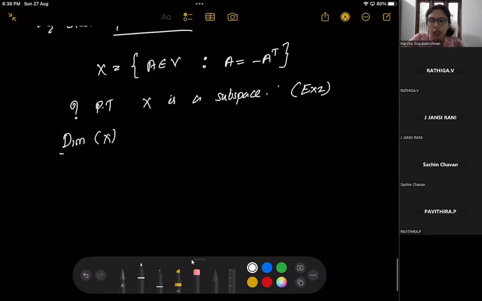Maybe you can very quickly try on paper what the dimension can be. As in the earlier case, where we had A equal to [A B; C D] with condition, and we solved to check how many variables are involved, in the same way write A equal to [A B; C D] and equate it to minus A transpose. Take the transpose and take the minus of that.